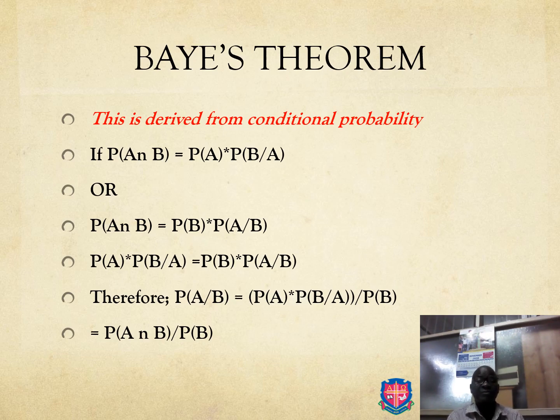So, Bayes' theorem. You will go to any statistics books and read about Bayes' theorem. Bayes was a mathematician who came up with this, but you should read the nitty-gritty of what he was talking about, his assumptions and the like.